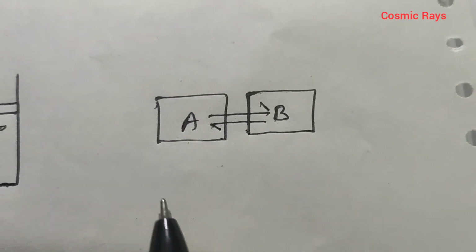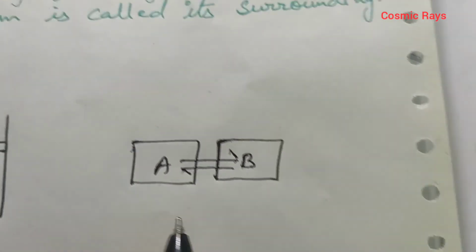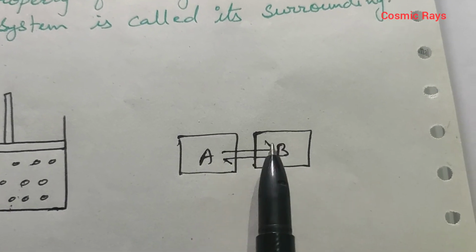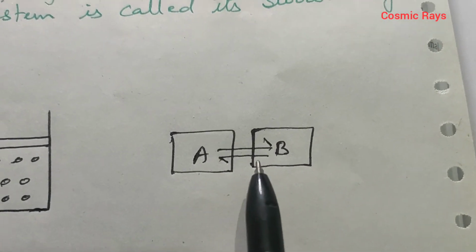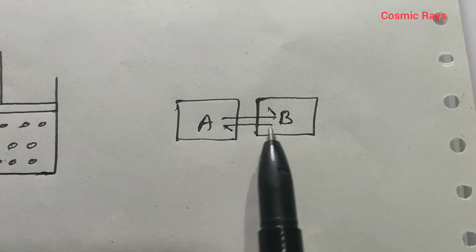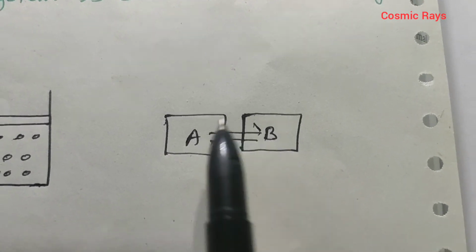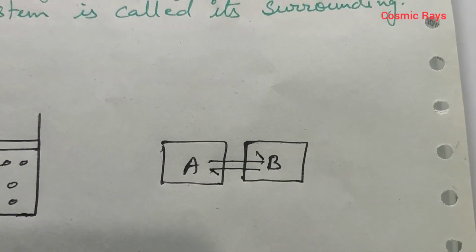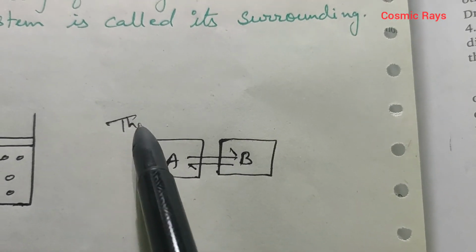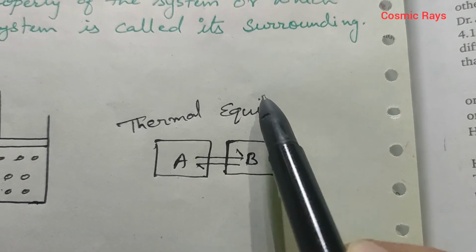Now the question arises is for how long? So there will come a time when they both will reach a state where their temperature becomes the same. Now at that point the heat flow will stop, and that point will be known as thermal equilibrium.